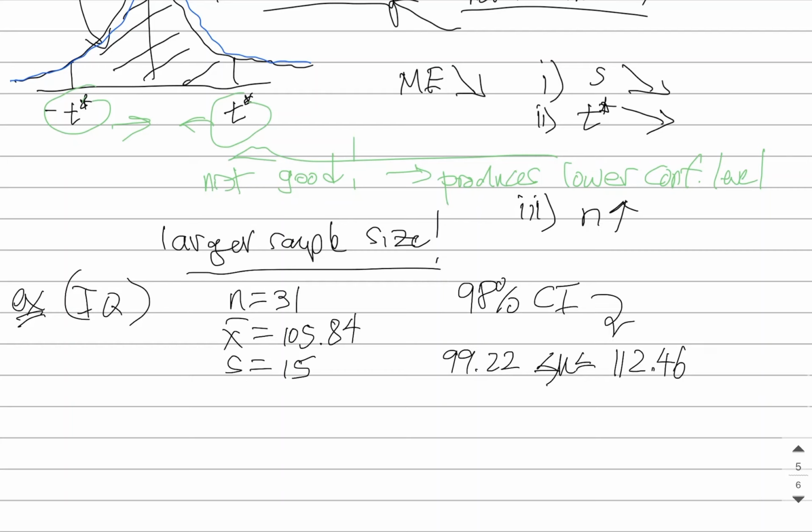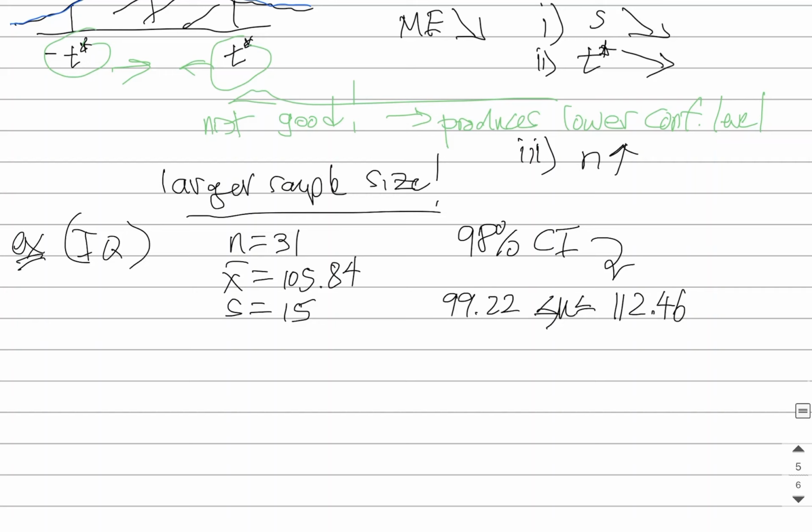If you were to do this sampling process over and over and build the confidence interval, about 98% of them should contain the proper value of mu. You can never know whether it does or doesn't, but the higher degree of confidence ensures that it is more likely than not that we will contain it.